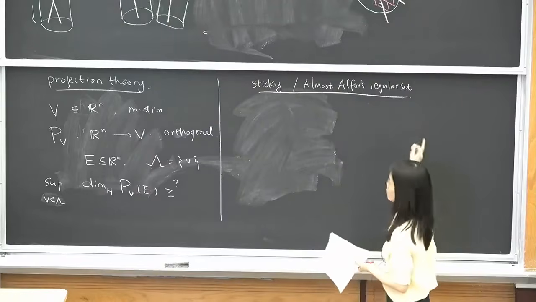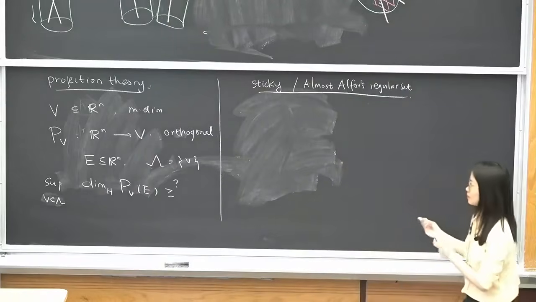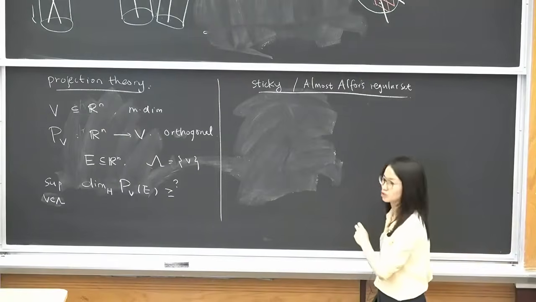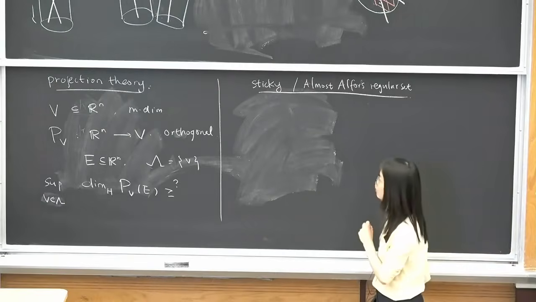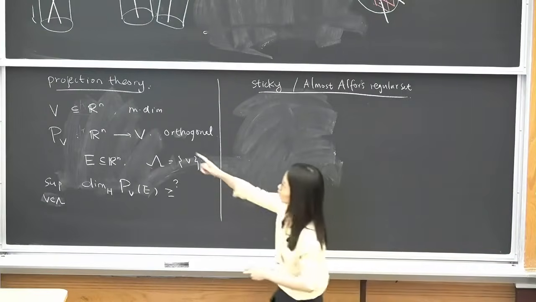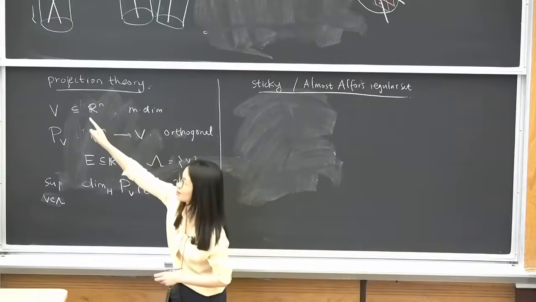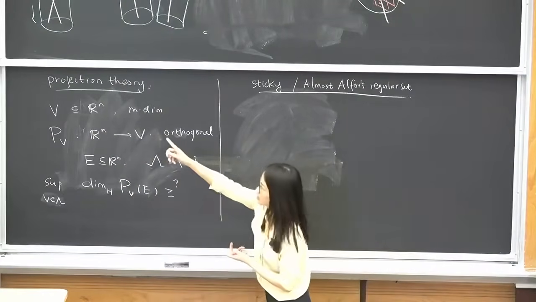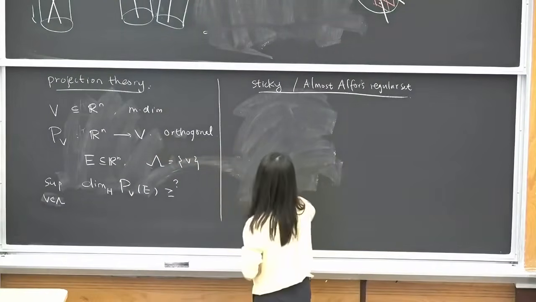Those sticky, almost alpha-regular sets are a natural generalization of self-similar sets. For example, that example is an almost alpha-regular set, or also a sticky set, the Bas-Kolesnikov example.